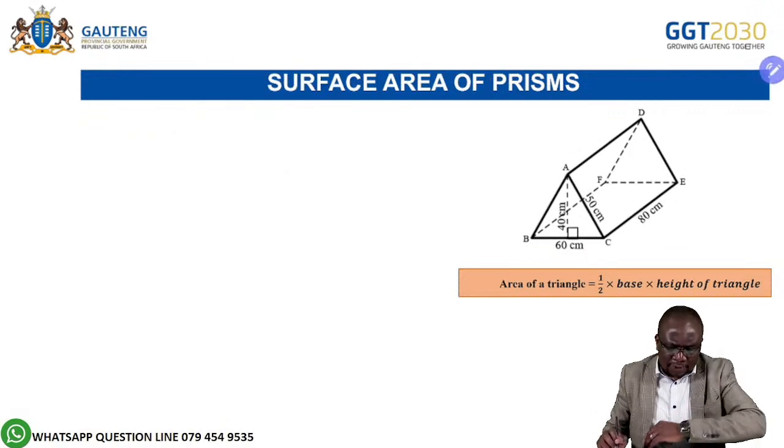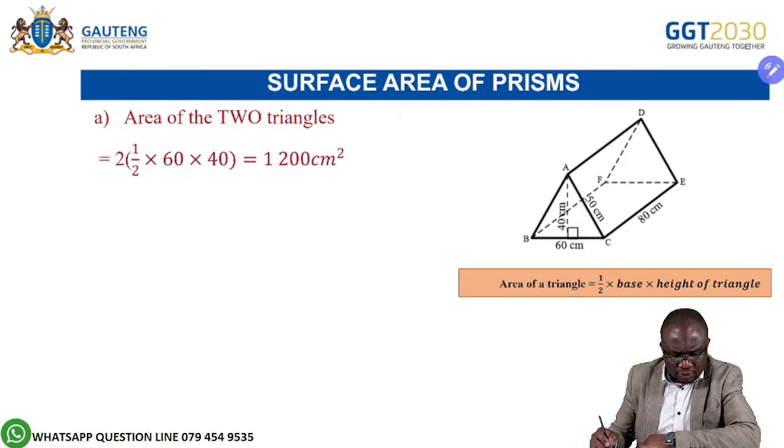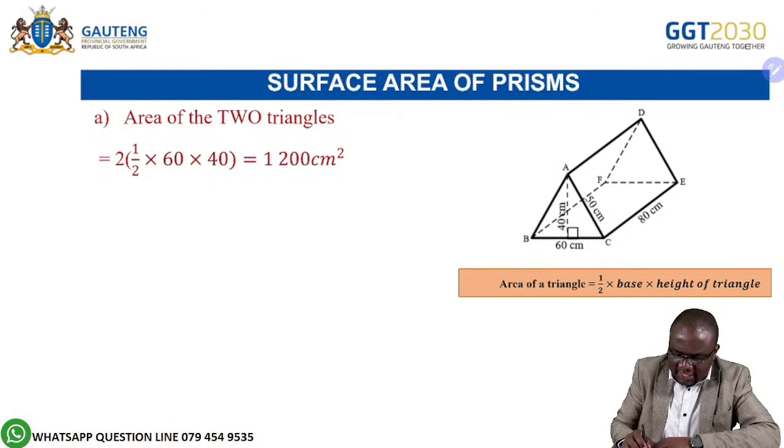Now, we're finding the areas of the 2D shapes. We can see that we have 2 triangles and 3 rectangles. So now, this is the area of the 2 triangles. Area of a triangle is half times base times height. Our base here, BC, is 60 centimeters.